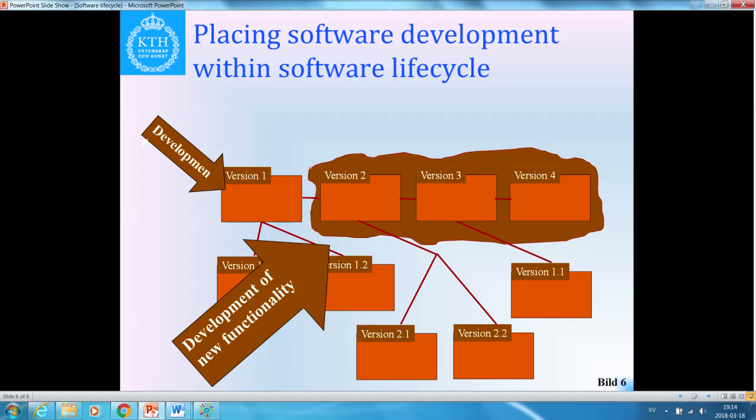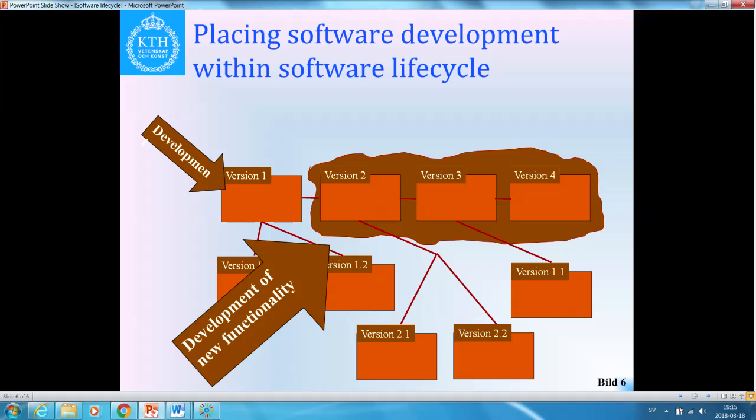So to repeat, here we have development of new system and development of new functionality in the existing system. Now, in industry, usually when they say development, they mean development of both totally new functionality of a new system and new functionality in existing system.